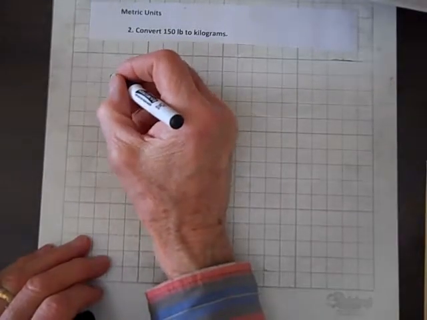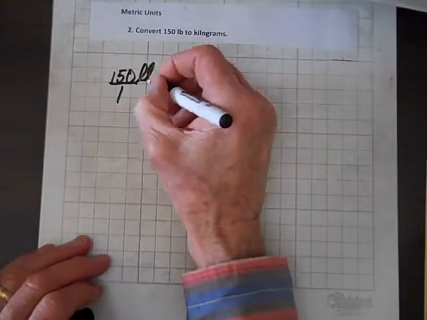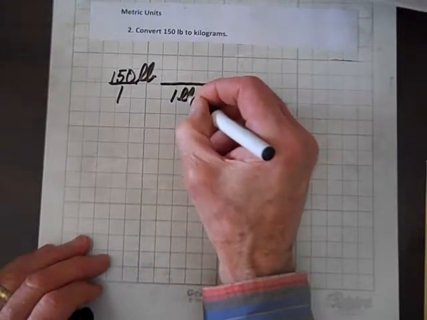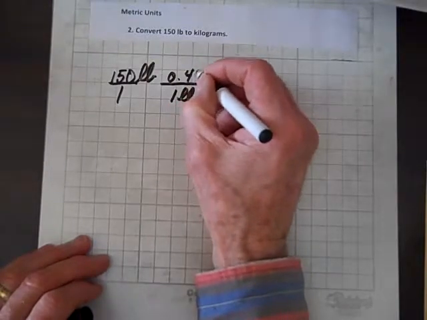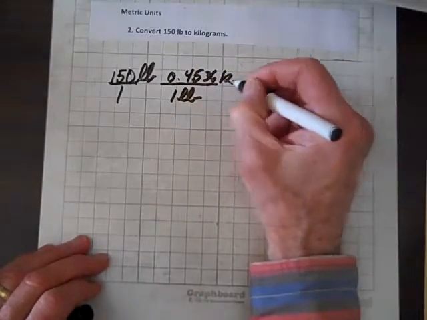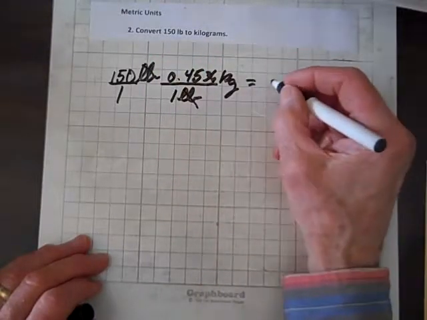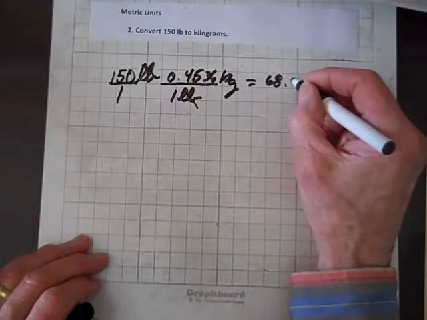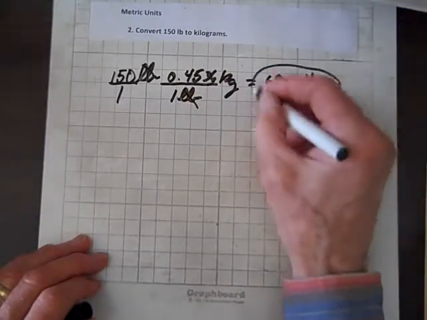So we'll start with 150 pounds, and the unit multiplier is 1 pound per 0.4536 kilograms, and now the pounds divide out, and the product becomes 68.04 kilograms. And we're done.